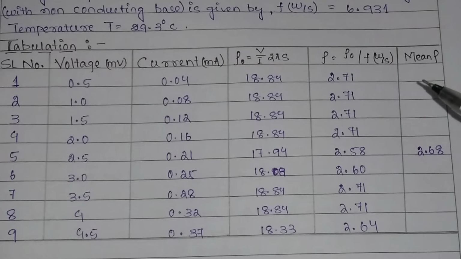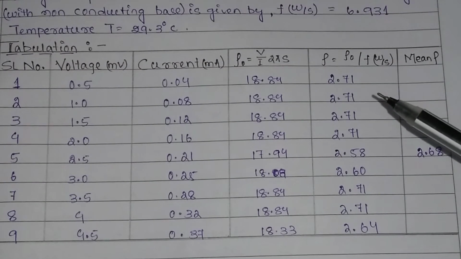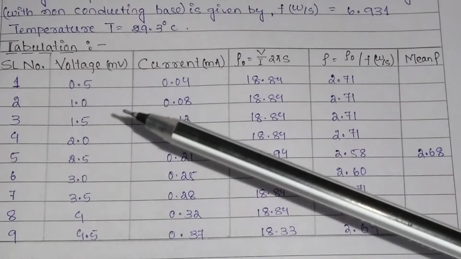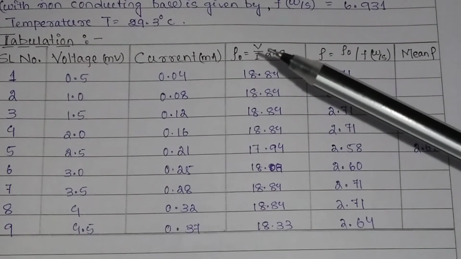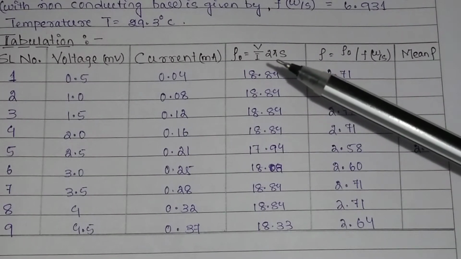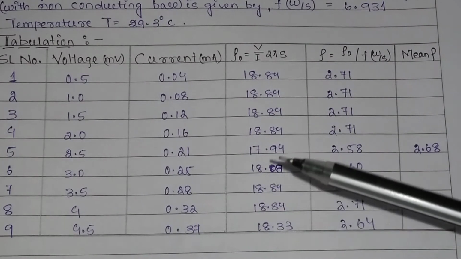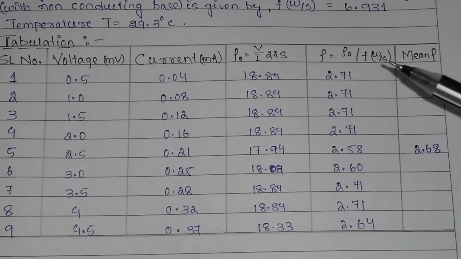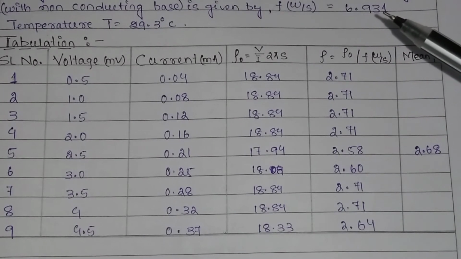You can calculate the resistivity rho of the semiconductor sample by two techniques. First, you take the voltage and current, and you calculate V by I multiplied by 2 pi S, and after getting the values, you calculate rho 0 divided by f of W by S, because f of W by S is a constant 6.931.